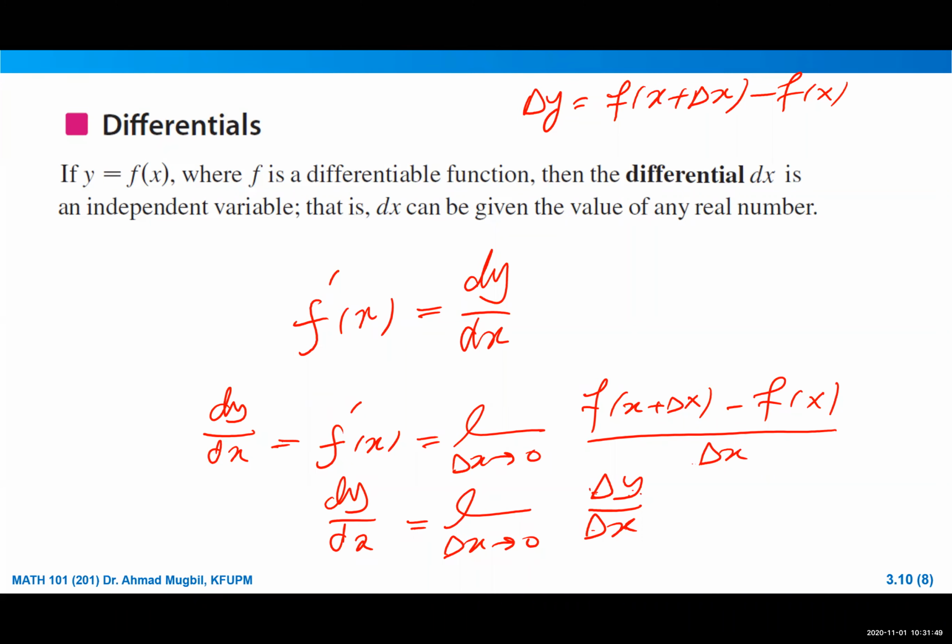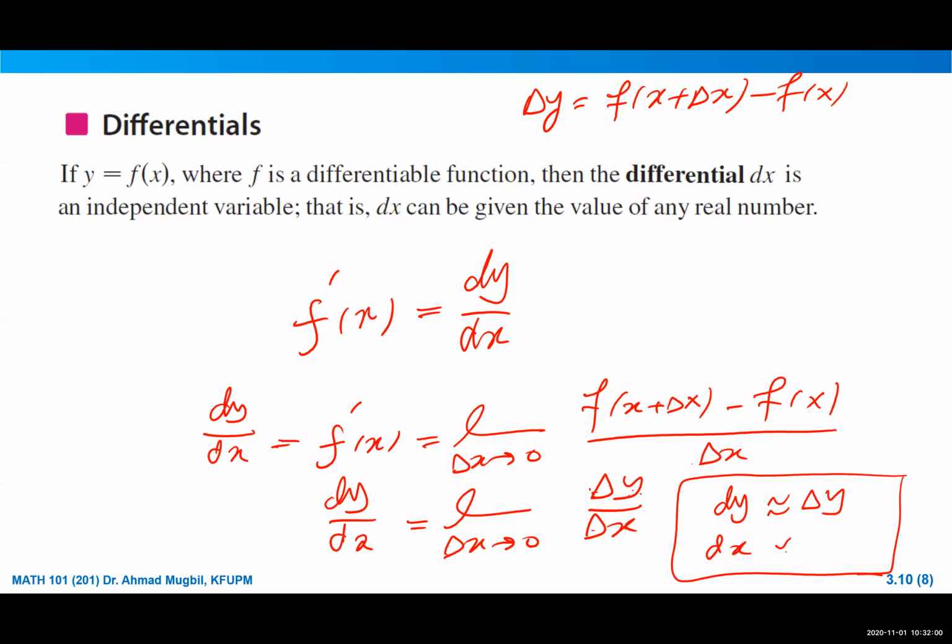Now, according to the limits, roughly speaking, we can say that delta y is approximately dy, and delta x is approximately dx. Look, if we deal with these two quantities as independent, this one is approximately that one, and that one is approximately this one.